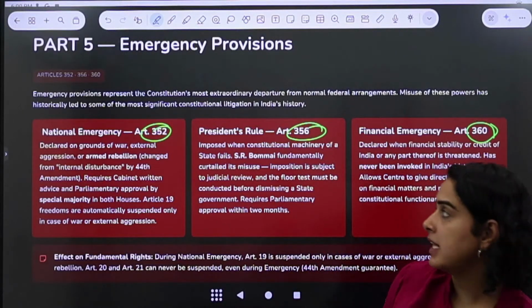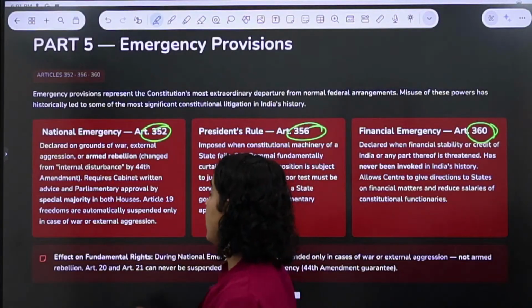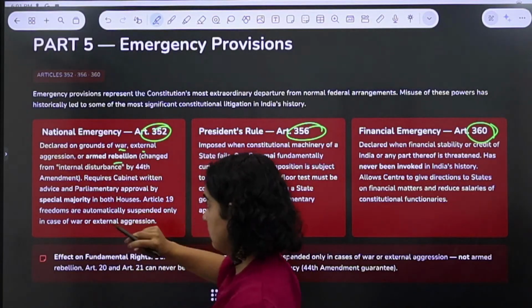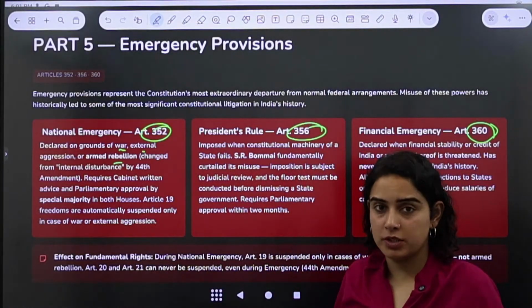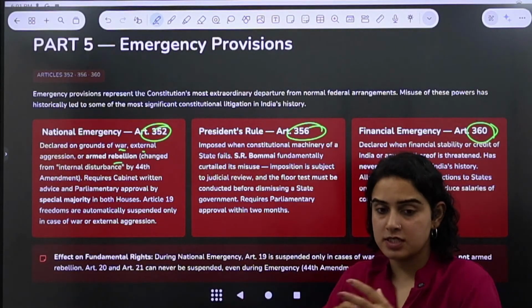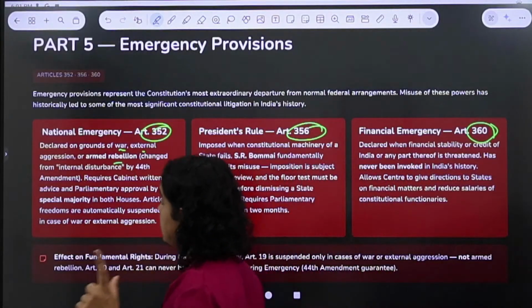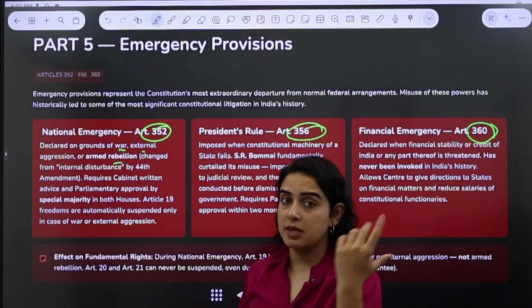National emergency is really simple. If in India there is a situation where war or external aggression or armed rebellion has been caused, let's say any war breaks out in India, or internally there is a lot of disruption of government happening, in that case, the president can promulgate or announce a national emergency.